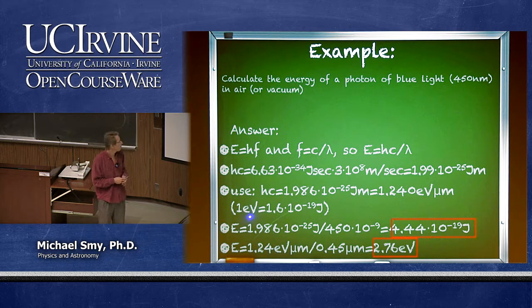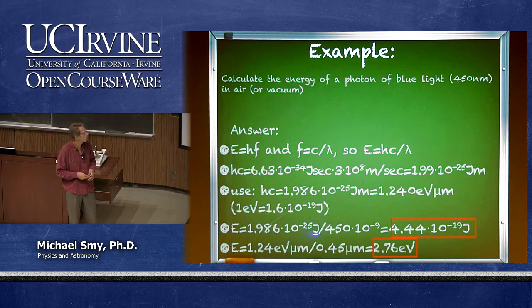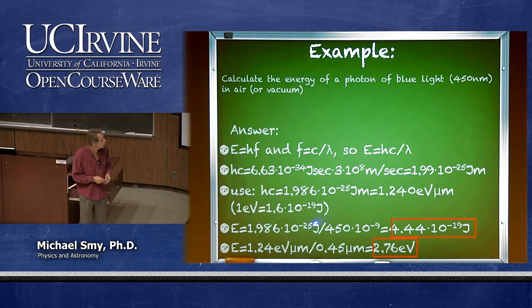In other words, it's nothing but the electron charge, 1.6 times 10 to the minus 19 coulombs, multiplied with 1 volt. If we use this number in these units, then we can get the energy of the photon simply by dividing this constant by 450 nanometers.